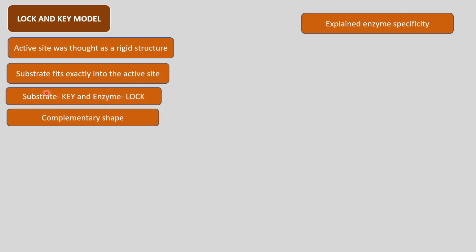So only that substrate which has a key structure that could fit into the so-called lock which is the enzyme will be able to bind to the enzyme, and therefore this explains the enzyme specificity, right? But this model fails to explain the catalytic event. This model does not give any idea of how the event of catalysis is taking place.